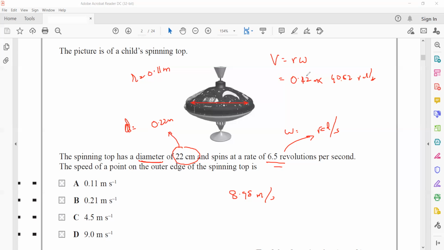So I should multiply by 0.11. Now when I multiply, it will come out as 4.5. Is it clear? So a small mistake can lead to a wrong answer, as I read a diameter but I took that as a radius. Is it clear? Yes, sir. So radius multiplied by omega will give the speed at which it is rotating.